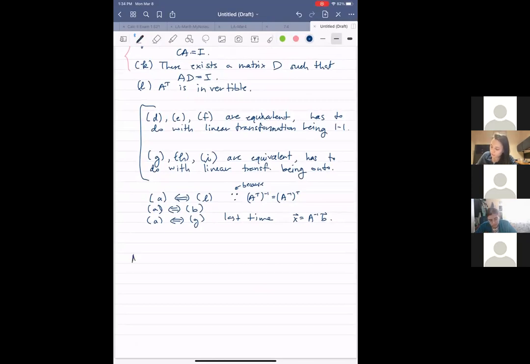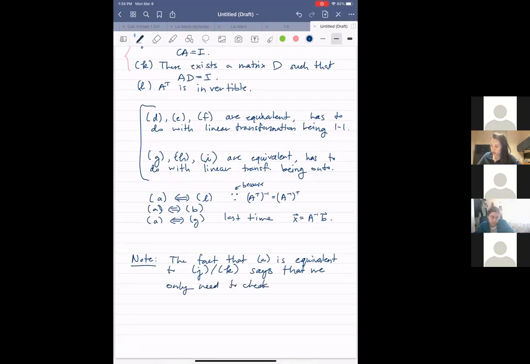Okay, cool. Where are we here? So the fact that A is equivalent to J slash K says that we only need to check one of the following equations.